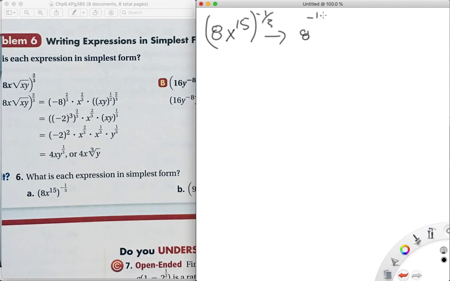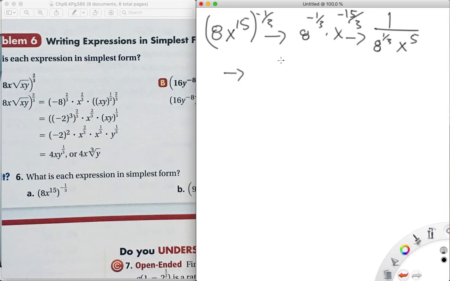So 8 to the negative 1/3 times x to the 15 over 3 negative, right? Because you're multiplying these guys, which is 1 over 8 to the 1/3. 15 divided by 3, that's x to the 5th power.